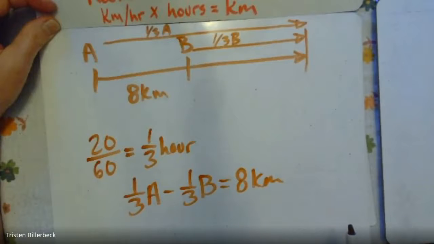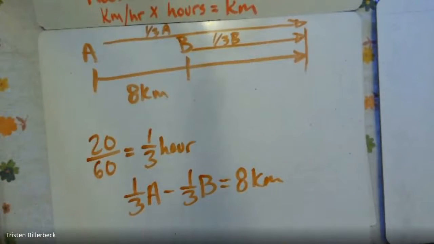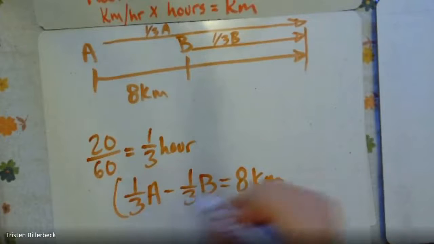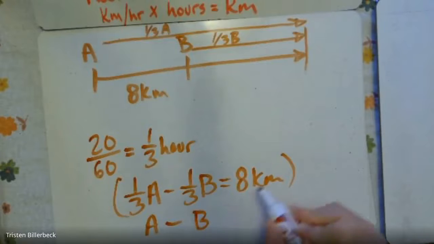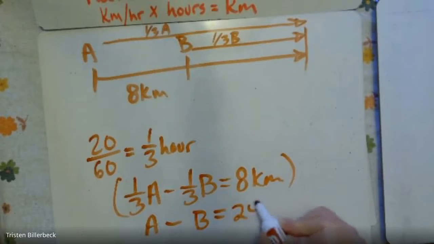So now we need to figure out how to substitute or how to do elimination. So I could divide everything. No, how am I going to do that? Again, they aren't very kind in this book, but all right, so I'm going to multiply everything by 3. And I've got 3 times 1/3 gives me A. 3 times 1/3 B is B. And 3 times 8 is 24.